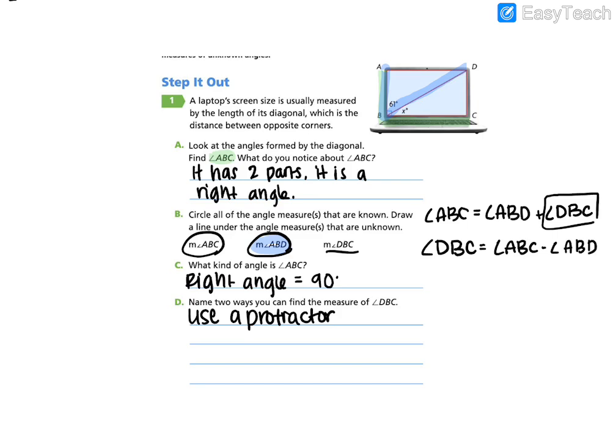So let's go ahead and fill in our missing pieces. We know angle DBC is equal to ABC, which is 90 degrees, minus angle ABD, which is 61 degrees. So go ahead and solve. What is angle DBC equal to?